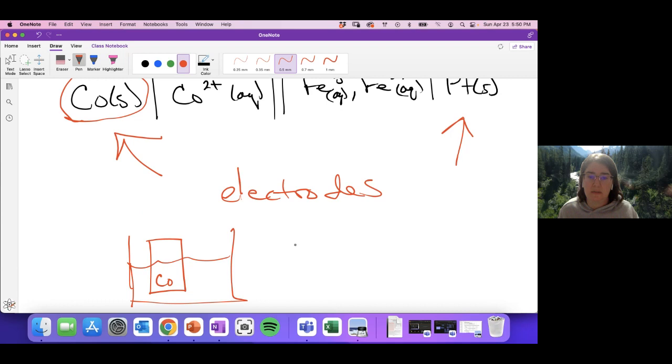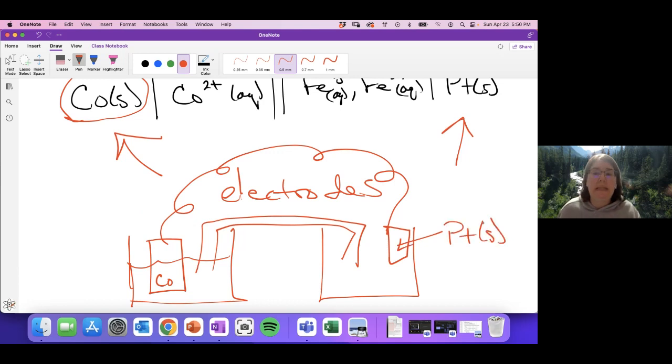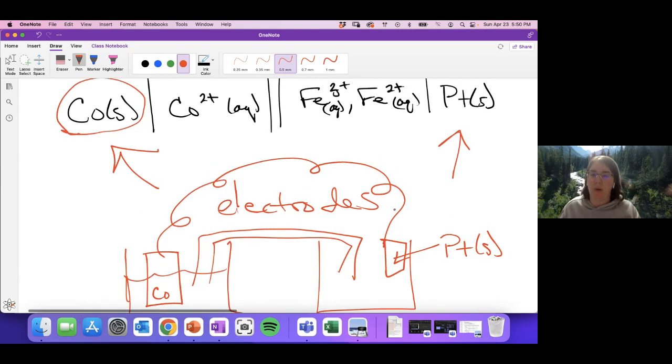There's my beaker. There's my other beaker. Here's my salt bridge. Here's a wire. But over here, I would need a piece of platinum because I need something solid to attach the wire to.